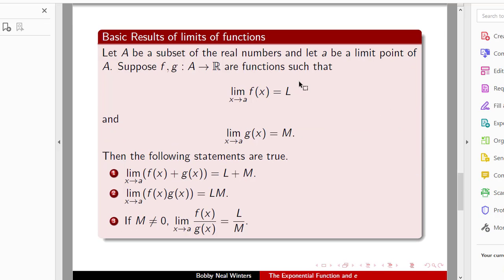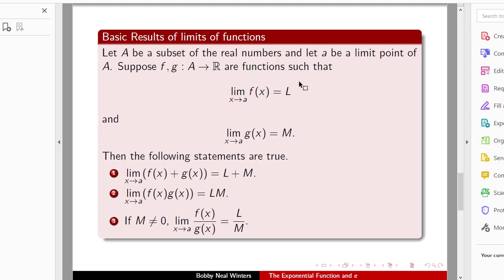Okay, so here we have some basic results. Let A be a subset of the real numbers, and let little a be a limit point of capital A. Suppose that f and g from capital A to R are functions, such that the limit as x approaches a of f of x is equal to L, and the limit as x approaches a of g of x is equal to m.